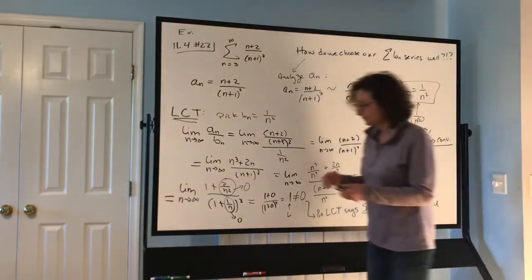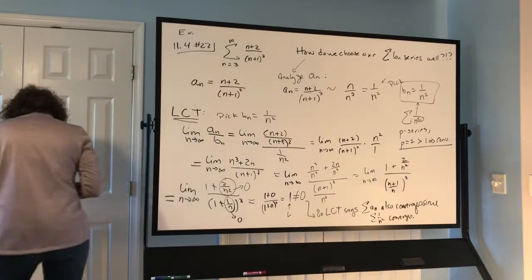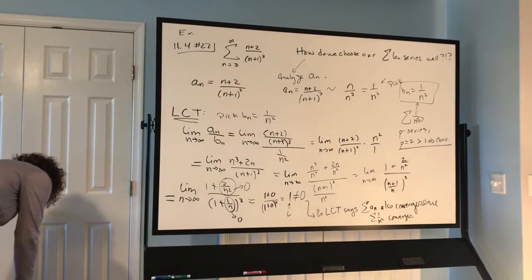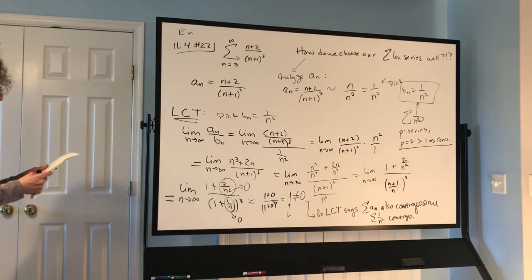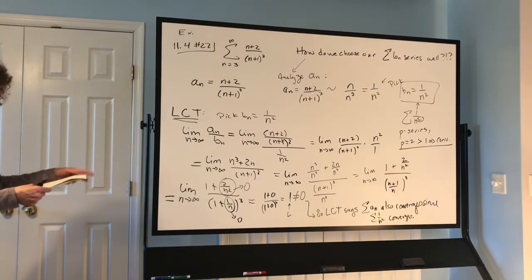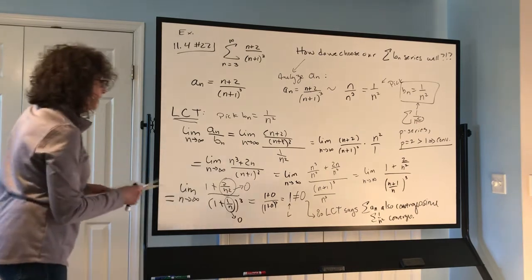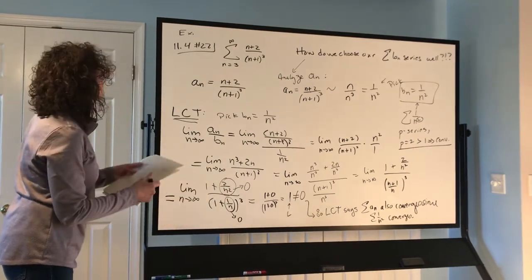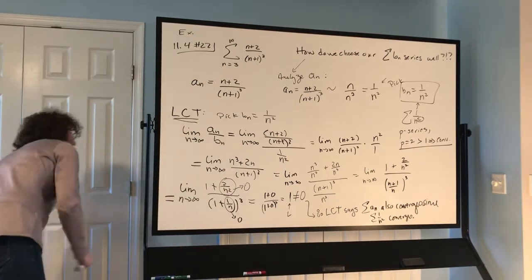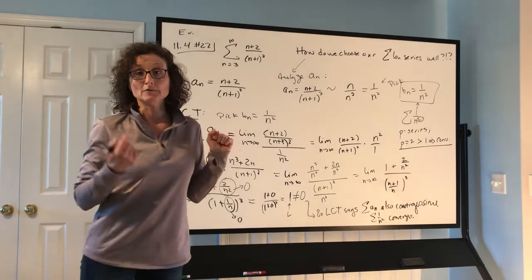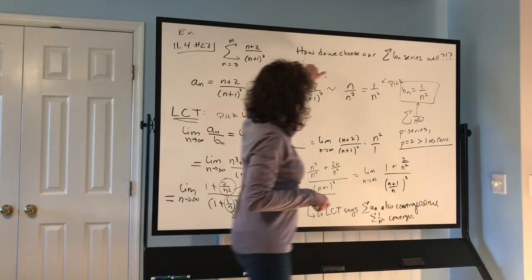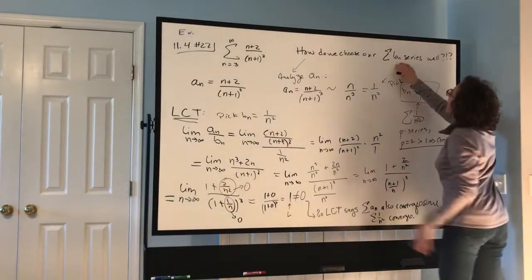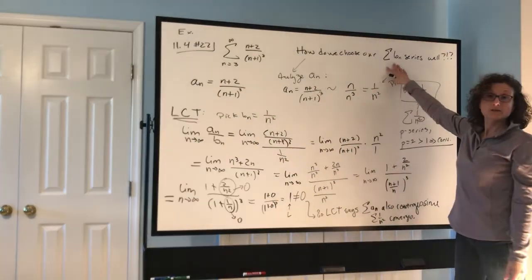So cool. Okay, let's look at what happens. It'll be even cooler when you see why it all works. But let's look at what happens if we pick the wrong bn. So let's keep working with the same problem. This was our big question with the limit comparison test: how do you choose the bn series well?